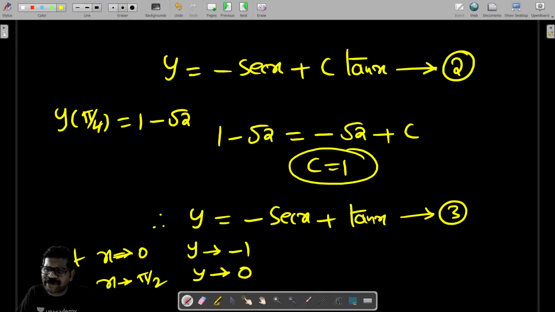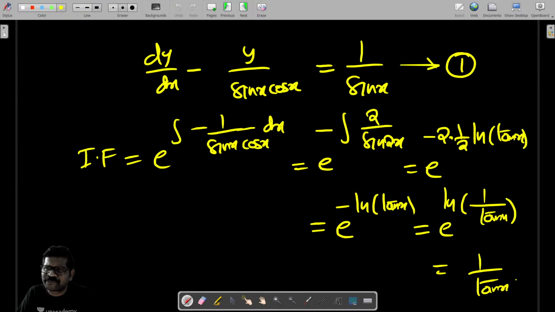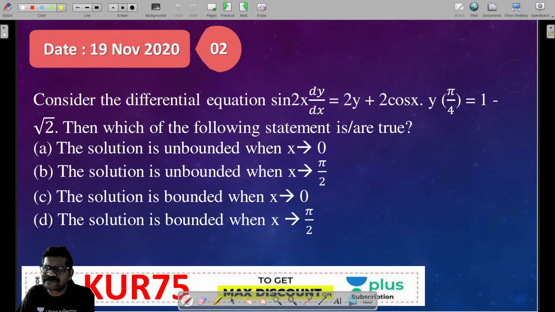When x tends to pi by 2, y tends to 0. Therefore, in the options, when x tends to 0, y tends to minus 1, and when x tends to pi by 2, y tends to 0.